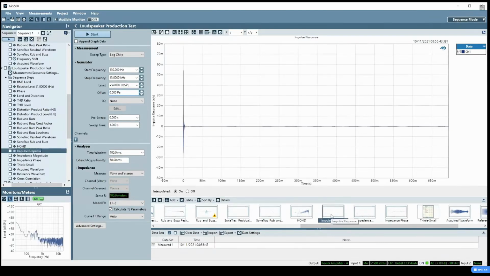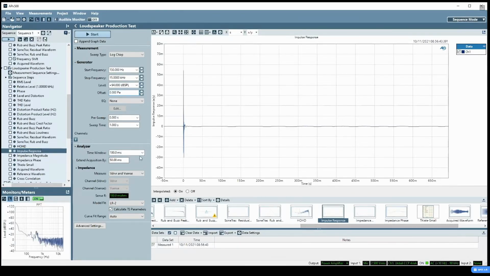So here we have the impulse response, and we can see our time window control is set to 100 milliseconds. But this is not represented on the impulse response graph. It's one of the differences, because you don't have this graphical control of the time window.